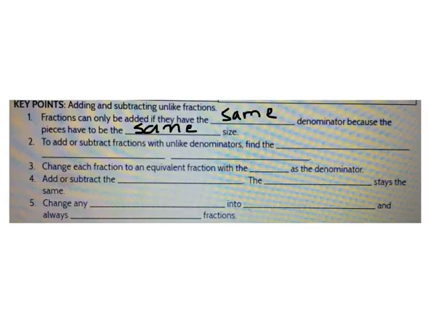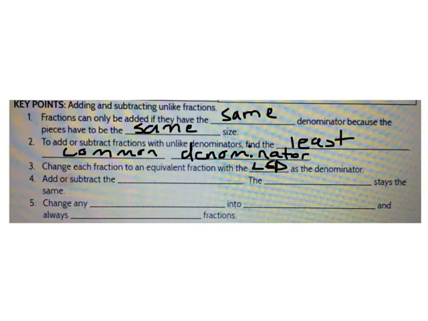To add or subtract two fractions with unlike denominators, first, find the least common denominator. Then, change each fraction to an equivalent fraction with the LCD as the denominator. Add or subtract the numerators.